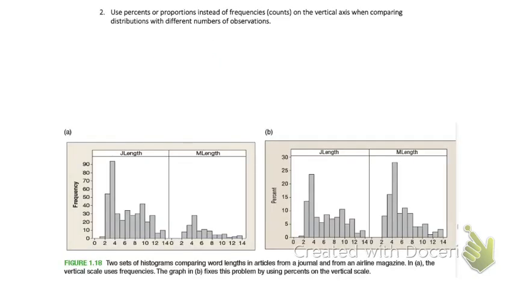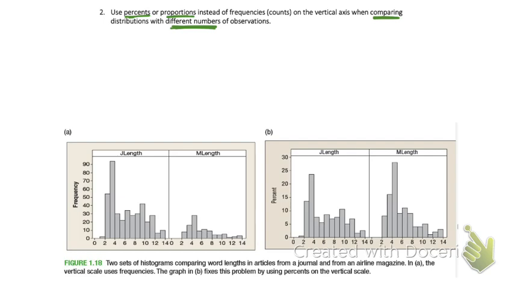We need to use percents or proportions instead of frequencies, also known as counts, on the vertical axis when we are comparing distributions that have a different number of observations. Here's what I am talking about. These are 2 histograms. One shows word length in a medical journal, the other in a magazine.